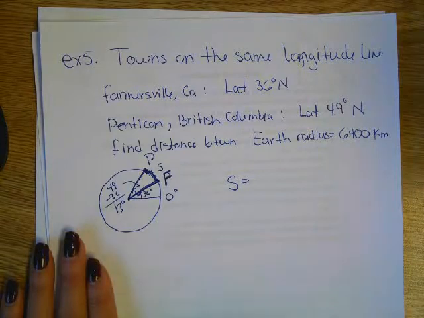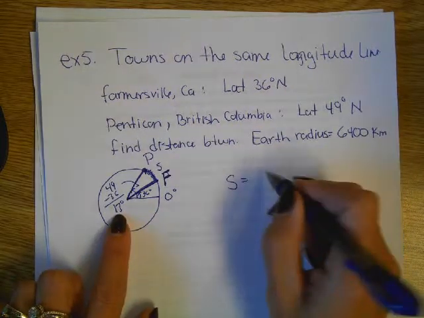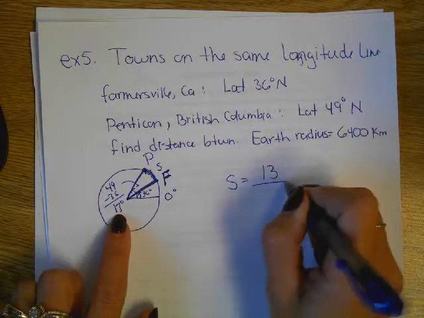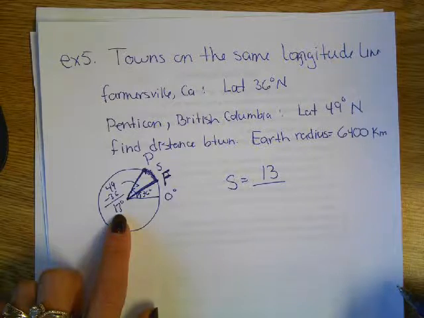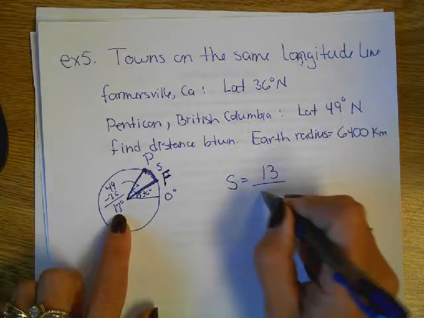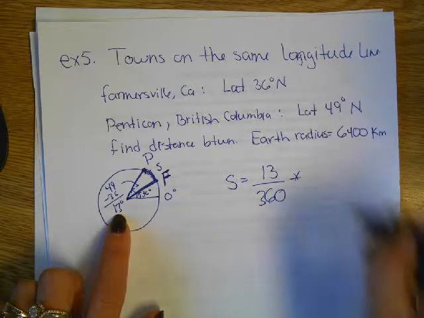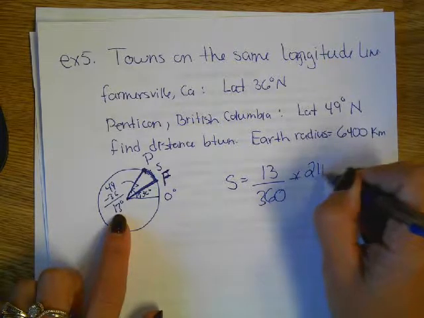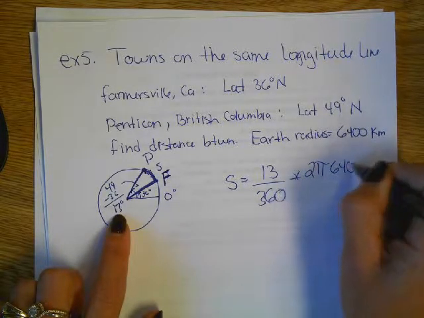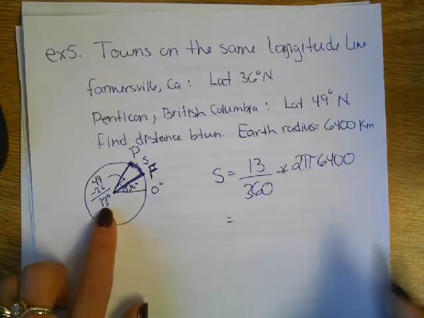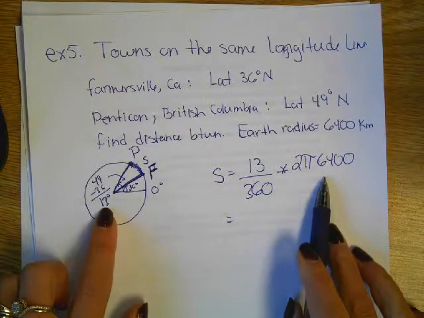And now it's just the fraction of the circle times the circumference. So our fraction, since I've got a 13-degree pie piece, I divide by 360, times the circumference of the Earth, which is 2 pi r. And these will be 2 sig fig answers in the book every time on these.